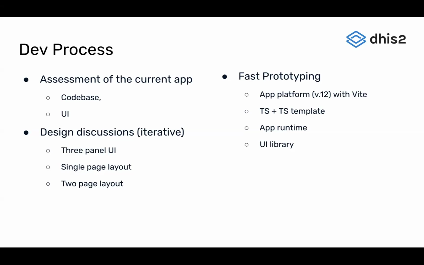For example, I'll start with version 12 of the app platform that Kai mentioned, and he talked about all the good things it comes with. It's built with Git, and you're able to build a new application with a TS template. So development and building of the fresh new application was done with version 12 of the app platform.